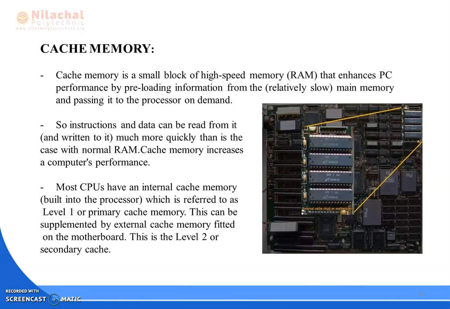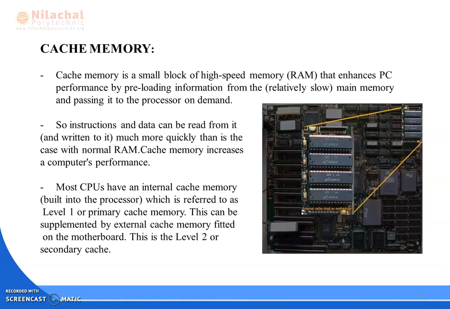The concept of cache memory is that the applications we use very frequently are stored in the cache memory, so that when we process or retrieve them again, they do not come from the main memory. They rather come from a small block of high-speed memory, that is, the cache memory. So it enhances system performance.